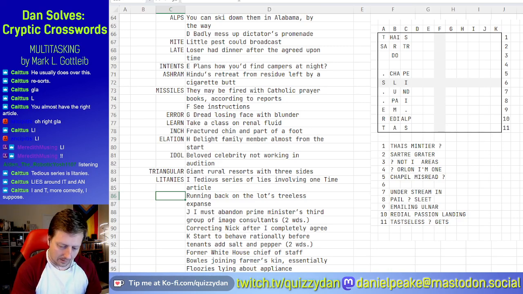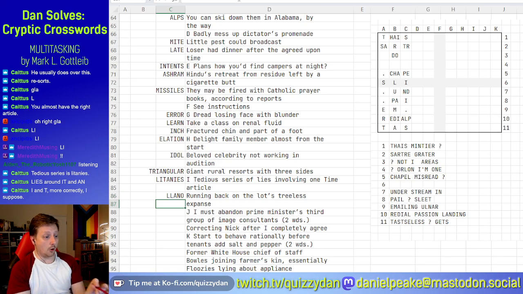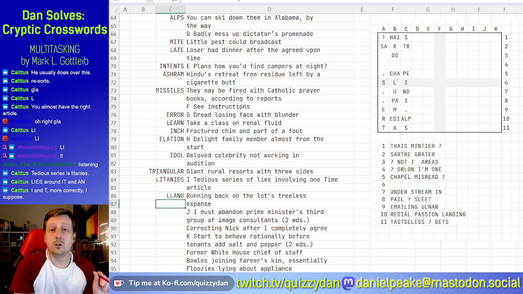It's going to be a geographical word that means treeless expanse, so possibly a desert. But I don't know. Running back on the lots. So there's a lane. Yes, there we go. On. And on the lot is everything. It's all. And Alano is a treeless expanse.